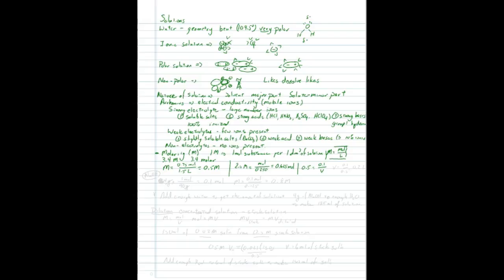Now, here's an easy trick. Switch. When you do this, you can cross multiply. 0.5 times V is the same thing as V times 0.5. So if you have the variable in the denominator, it's easier to do the math if you just switch those around. 0.1 divided by 0.5, and you get 0.2 liters.